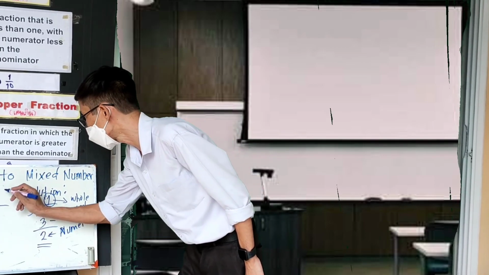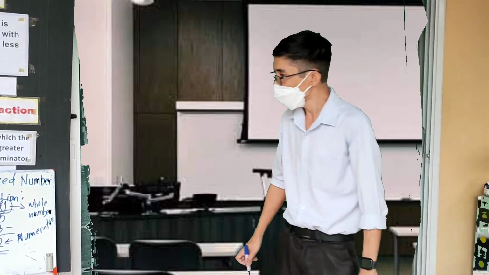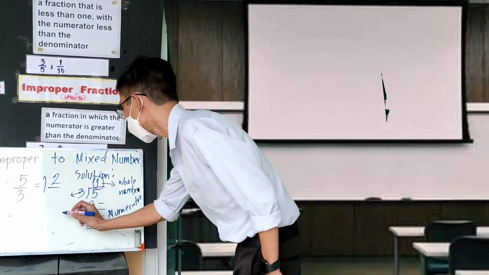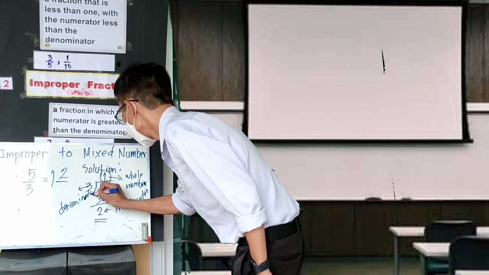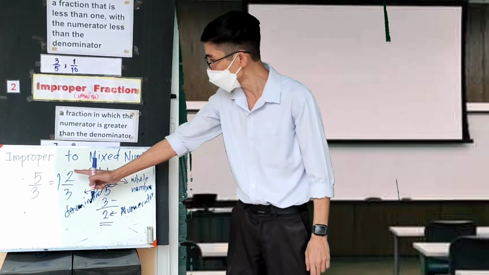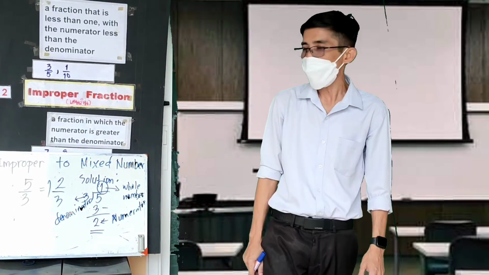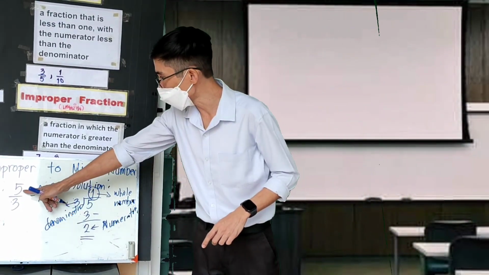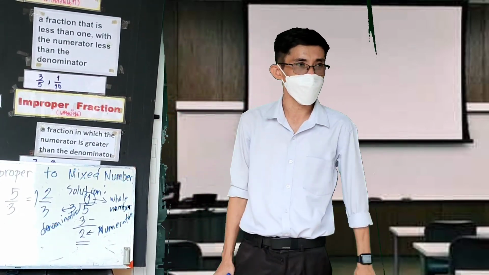Okay? So we have 2 as the numerator. And the divisor will become the denominator. So we have 3. So we have 1 and 2 over 3 as the mixed number when we converted 5 over 3 to a mixed number.